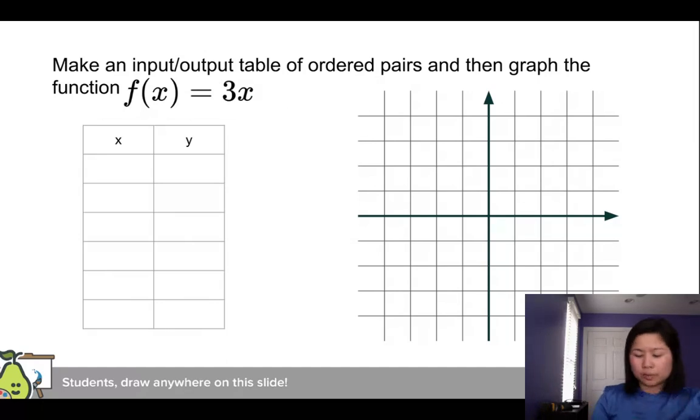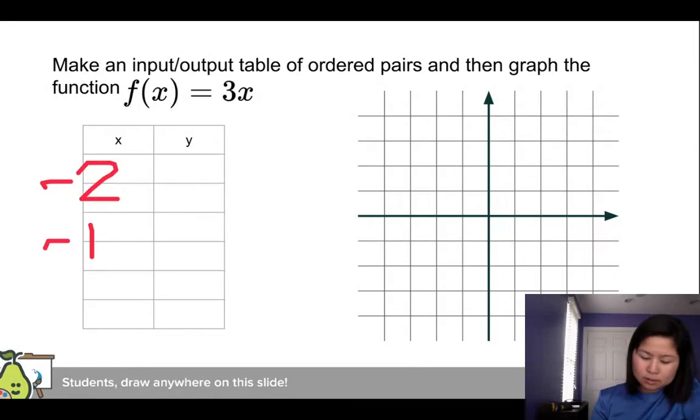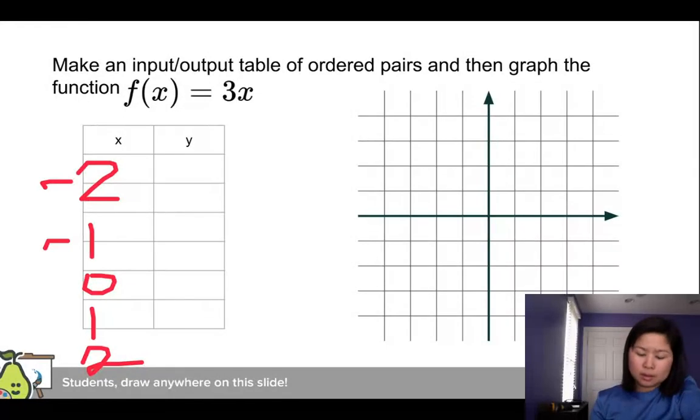Or if you forgot, we can just choose a few points to plug in. So let's do negative 3, negative 2, negative 1, 0, and 1. And then we can plug it in.